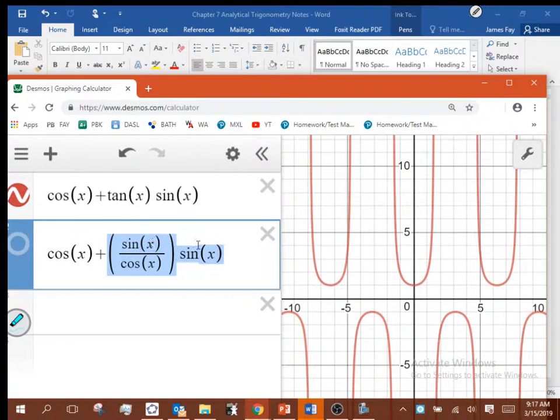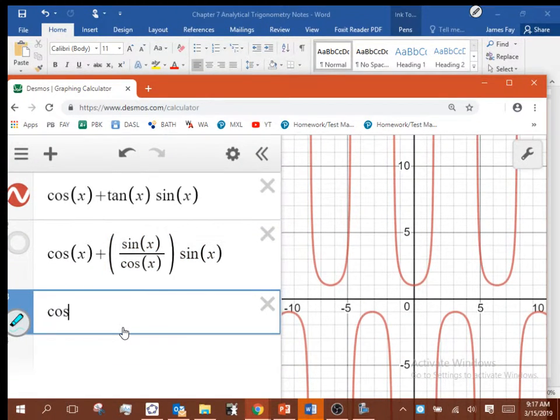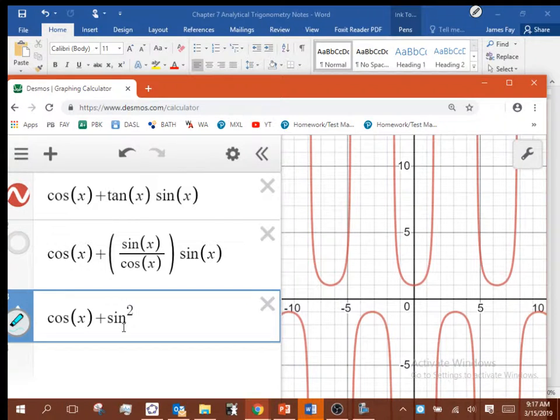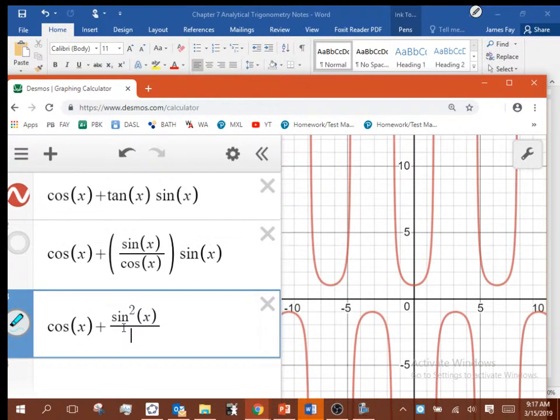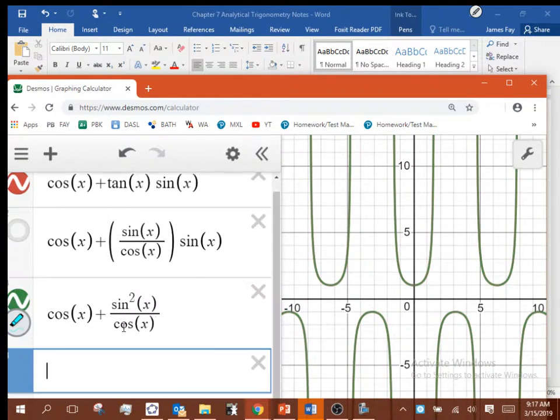Yeah, that's going to be sine squared x over cosine x, right? Okay. Let's just see if that makes sense. If I go cosine x plus, then I write sine squared x divided by cosine x, does it produce the same curve? All three of those things are the same, right?